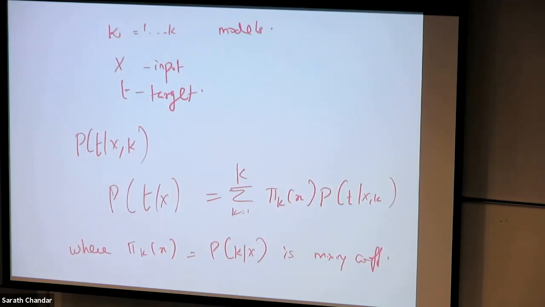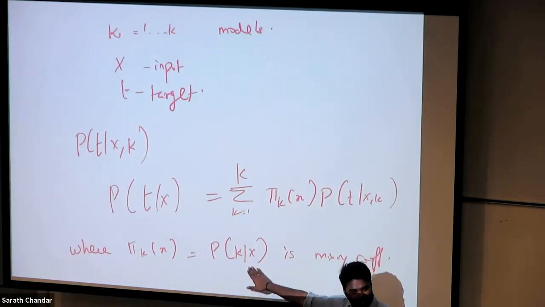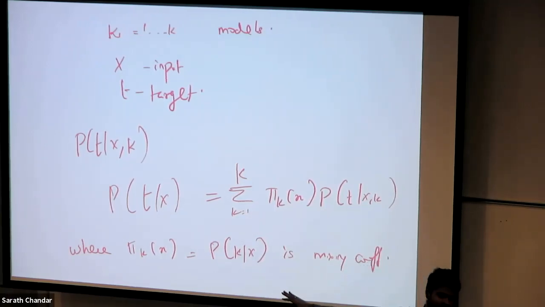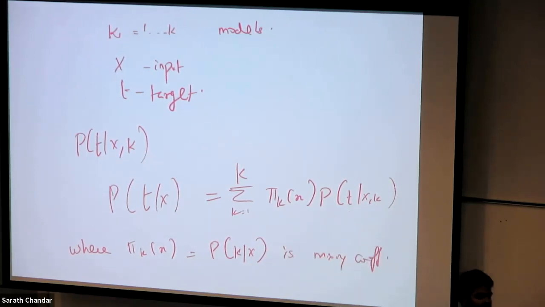Let's say 5. Then K is equal to 1 to 5. Now, given a new data point x, you will first compute p of k given x. That tells you for this particular data point how much weightage I should give for the kth model. Then you multiply that with the model's prediction. You take the weighted average. Is that clear?